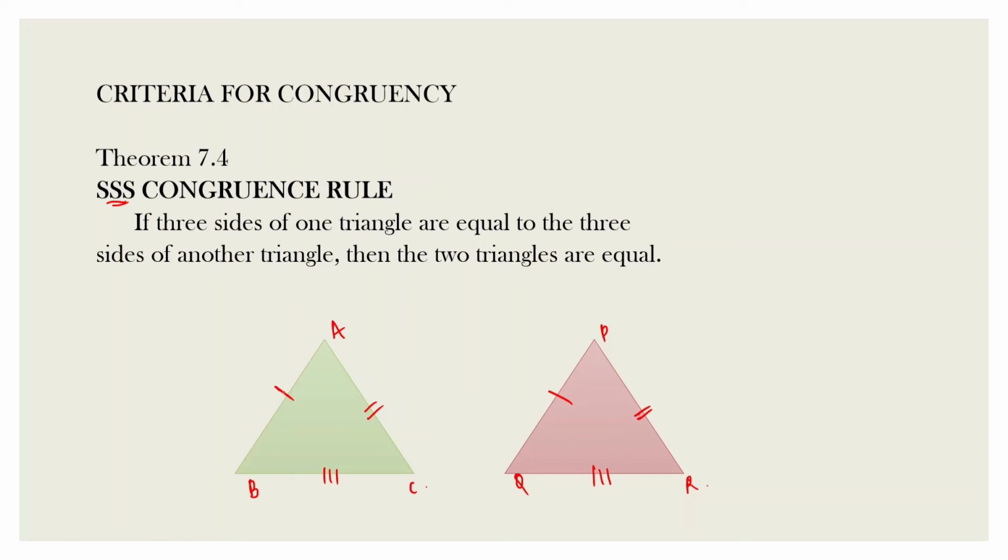Here we could see side, side, and side. Three sides are equal. Thus, by SSS congruency rule, triangle ABC is congruent to triangle PQR.